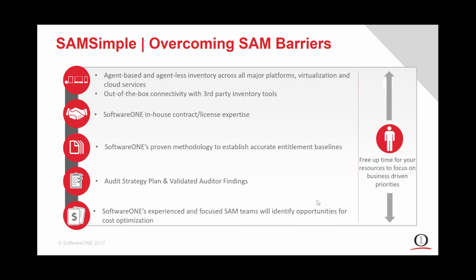So they will do the heavy lifting for those high-spend, high-risk publishers and provide technology and support for everything else, and that will free up the time for your resources so that they can focus on what they should be focusing on, which are the business-driven priorities that you need your IT departments and SAM teams to be focusing on. So yeah, that's really an overview of how SAMSimple is overcoming those SAM barriers and really alleviating those excuses that are prohibitive towards effective SAM.